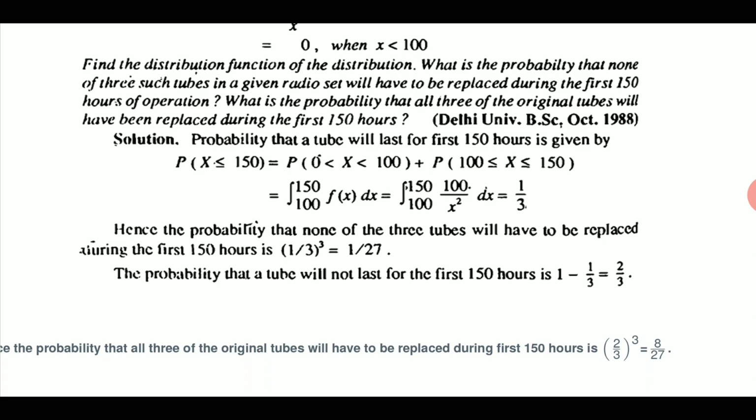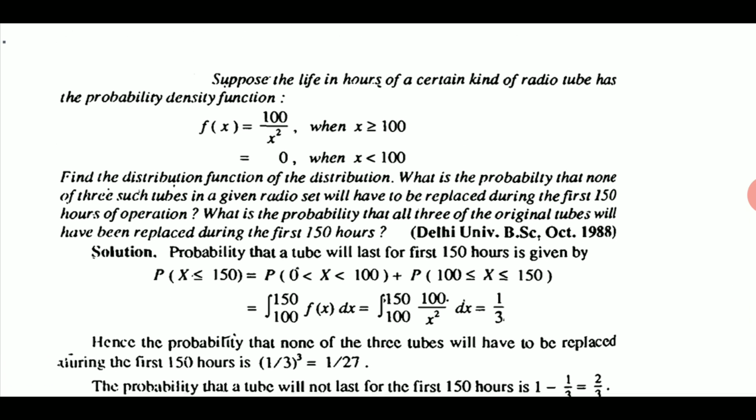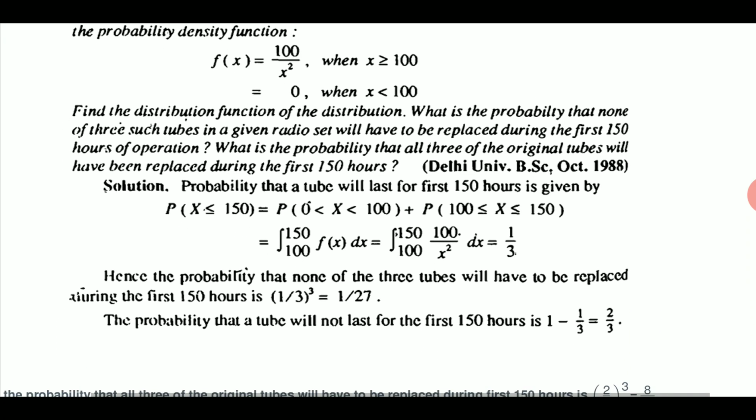I can always split that interval into two because the function is defined like that, for less than 100 and above 100, and they are going only up to 150. From 0 to 100 the function is 0, so there is no question of integration. So the first integral is 0.